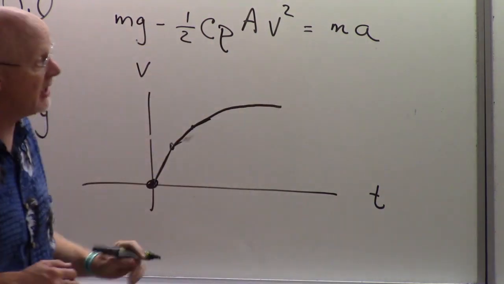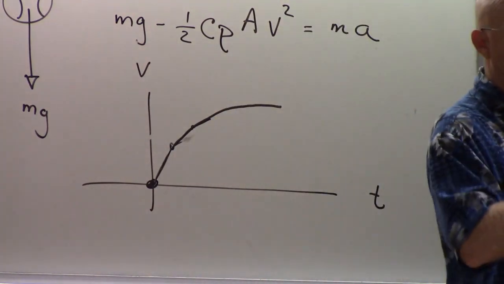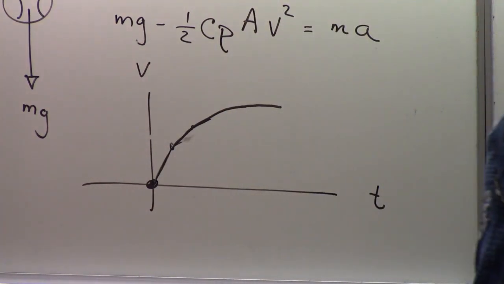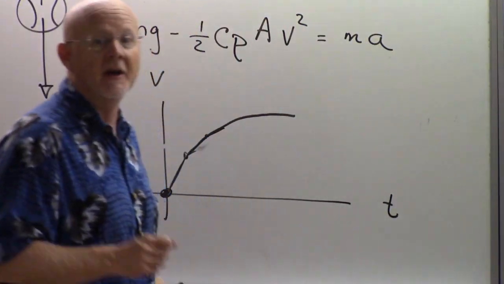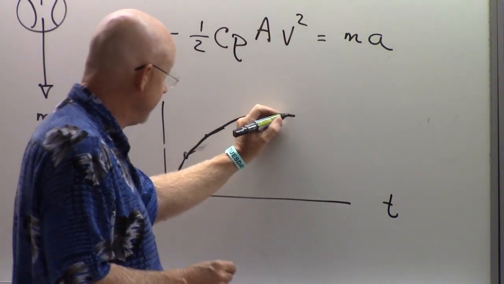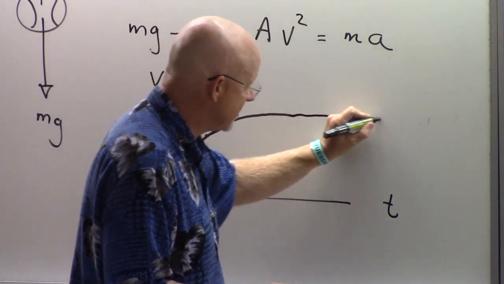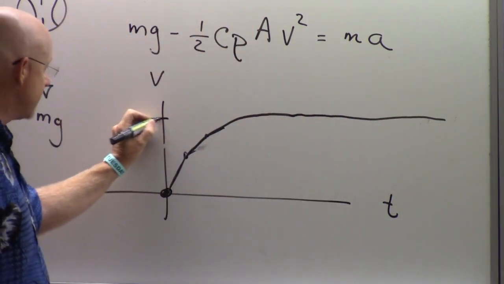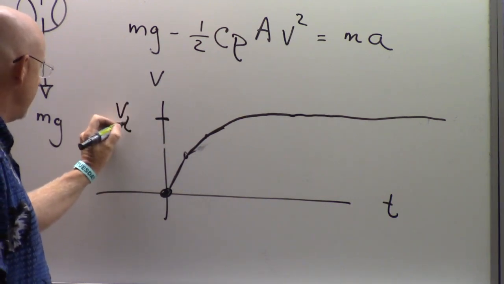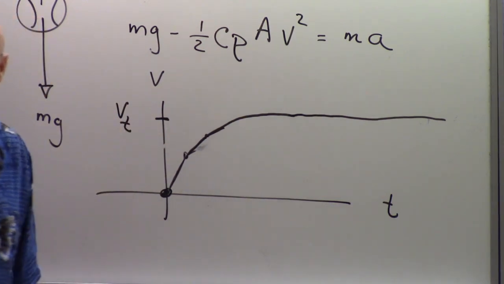But eventually, if you're willing to say, let's take the asymptotic limit so that the acceleration becomes 0, what would the speed become? A constant. And it would, on a graph, just kind of flatline right there. And that's referred to then as the terminal velocity.